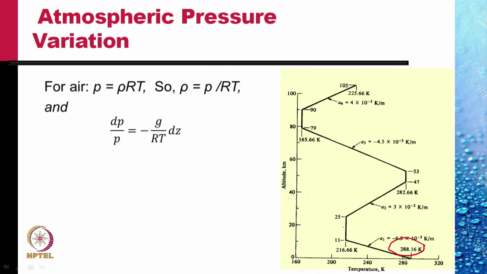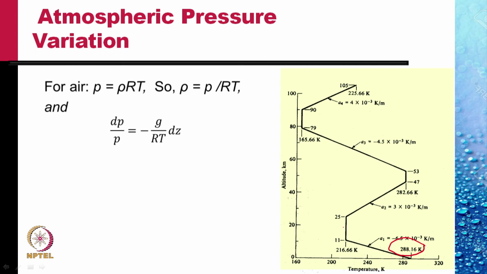Then for 11 kilometers, this temperature is decreasing at the rate of 6.5 degrees Celsius per kilometer, or 6.5 into 10 to the minus 3 Kelvin per meter.